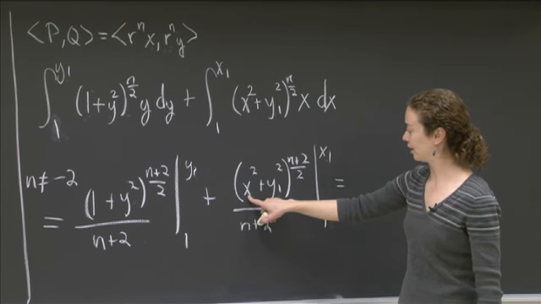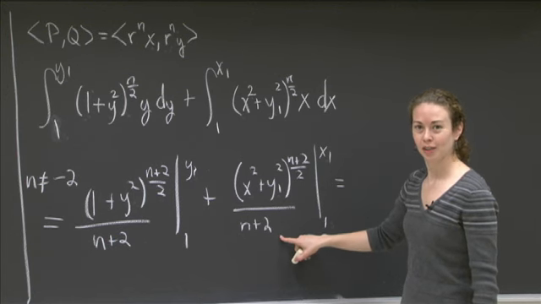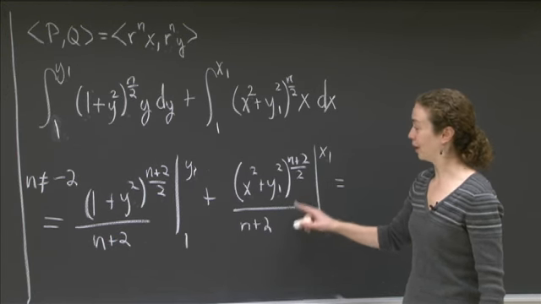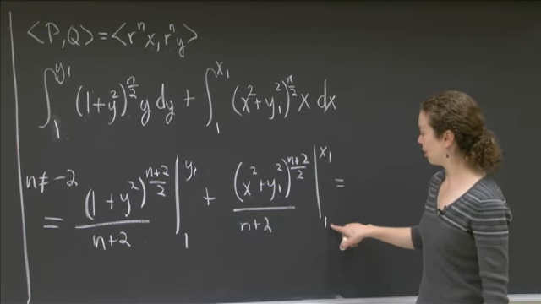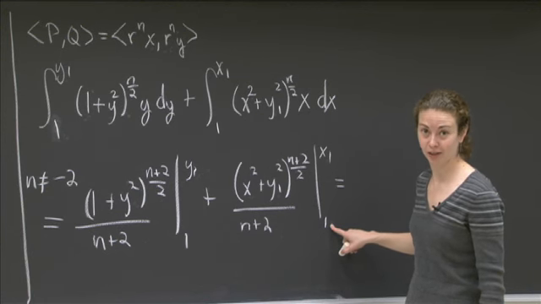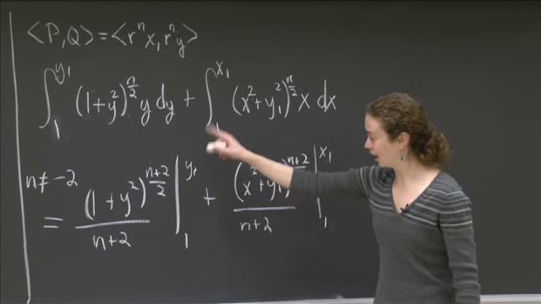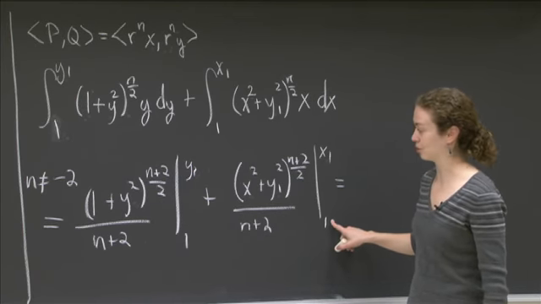When I put in a 1 here, I get (1 + y1^2)^((n+2)/2) over n + 2. It's a lot of n's and 2's. But the point is that when I evaluate this one at y1 and I evaluate this one at 1, I get exactly the same thing, but the signs are opposite, and so they subtract off. And so in the final answer, I'm not going to see this upper bound and I'm not going to see this lower bound because they're going to subtract off.